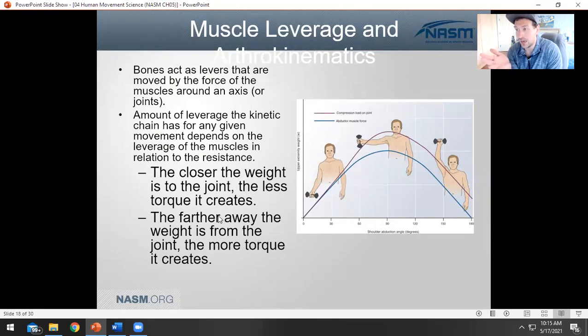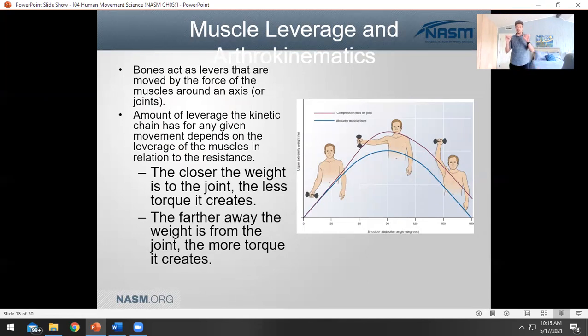Another reason we want to move the way we are designed to move is that not only is it more efficient, and makes us more athletic, and we get things done without risking injury, we don't have to overuse our muscles through specific ranges of motion. So torque is how heavy something feels based on how far away from the center it is.